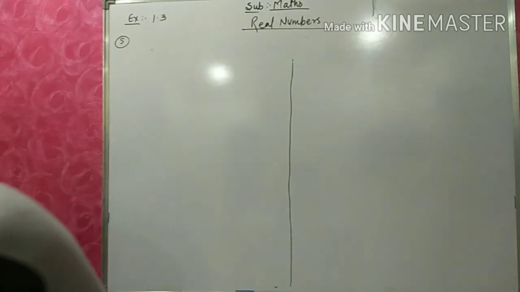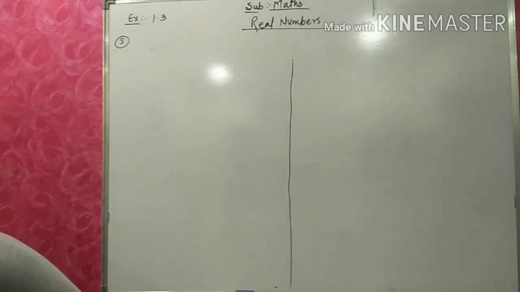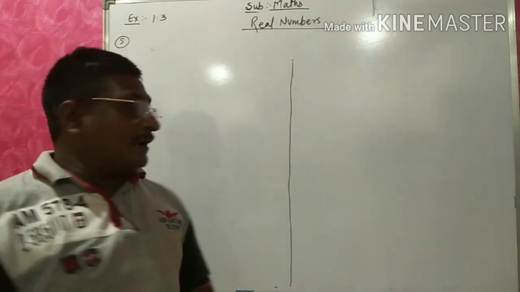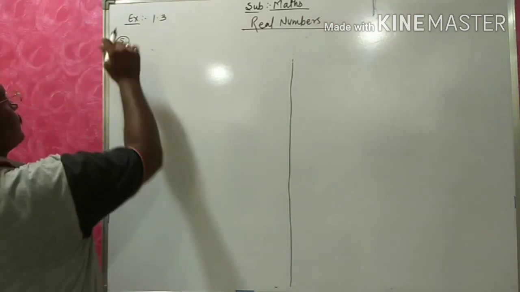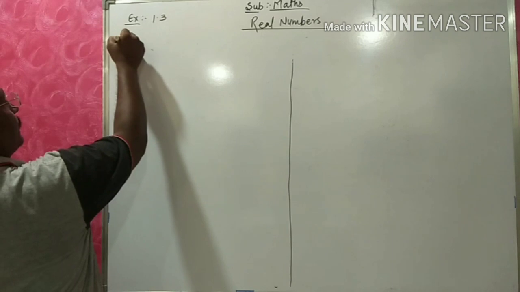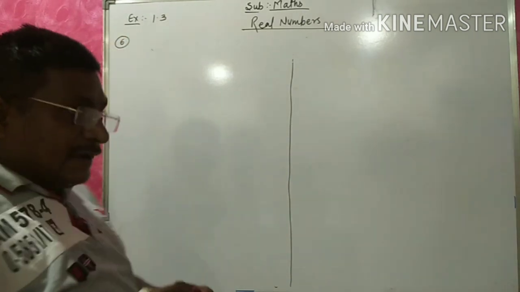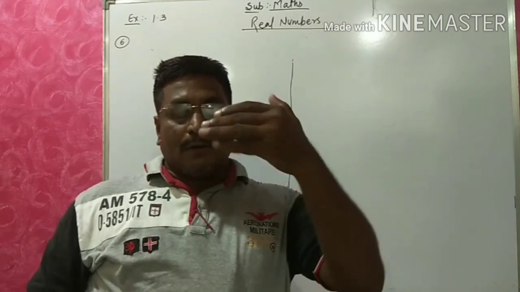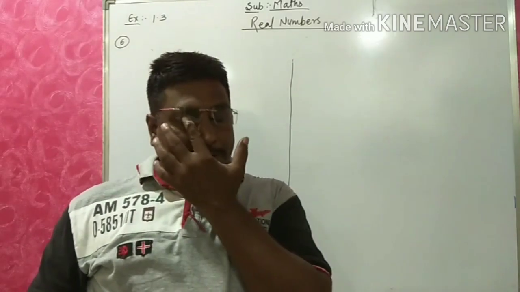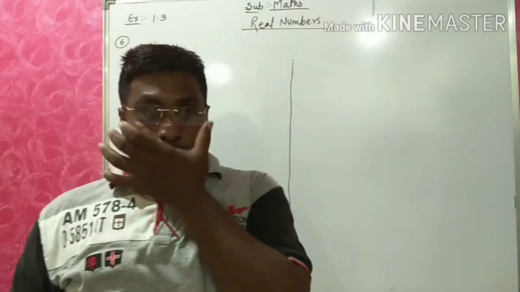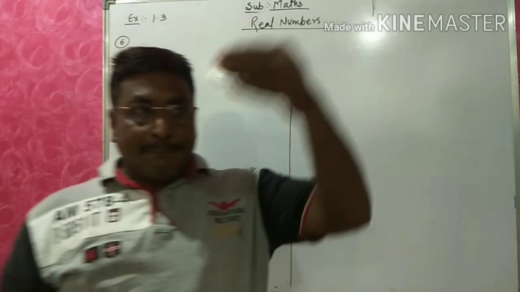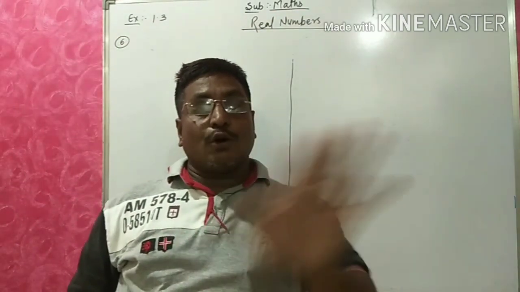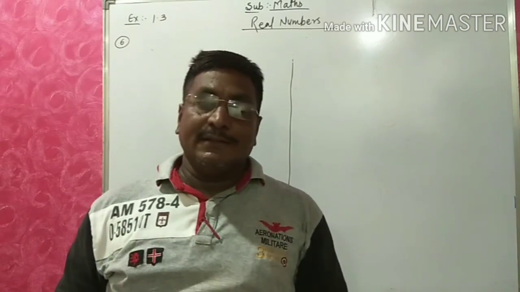So in this question, we will take several examples, in such a way that the number is in the P by Q form, and P and Q have no common factor other than 1.